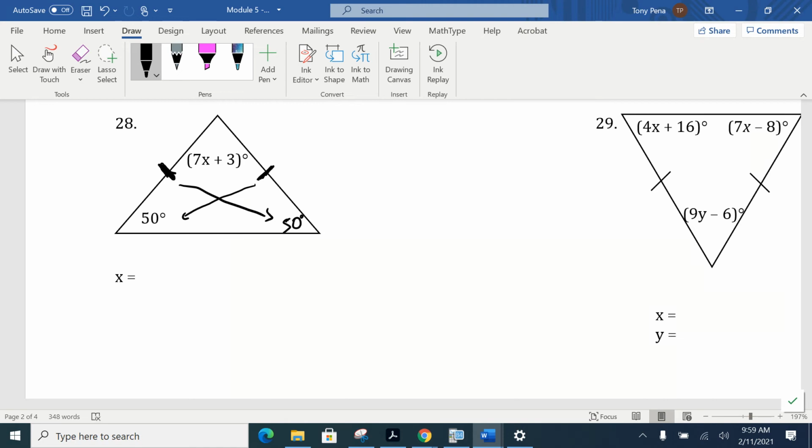Now all you have done is we've used the new property, the idea that two sides congruent, the opposite angles are congruent. We can now use that with what we've already done that I think most of us are pretty good with. Don't all three of those angles have to add up now to be 180 degrees? And we now know all three. So 7x plus 3 plus the 50 plus the 50 equals 180.